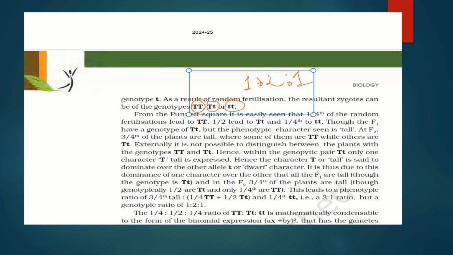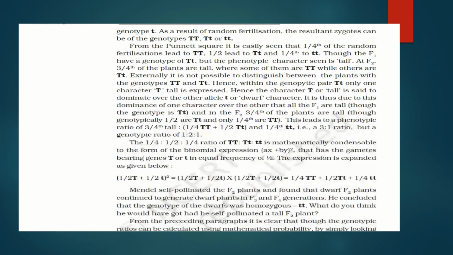Now we will move forward with the next part in the Punnett square. After random fertilization, the resultant zygotes were of the genotypes TT, Tt and tt. From the Punnett square, it is easily seen that 1/4 of the random fertilizations led to TT, that is homozygous tall plants.